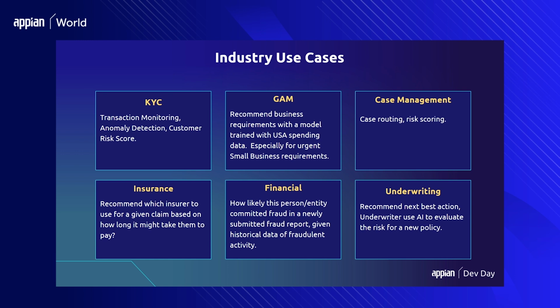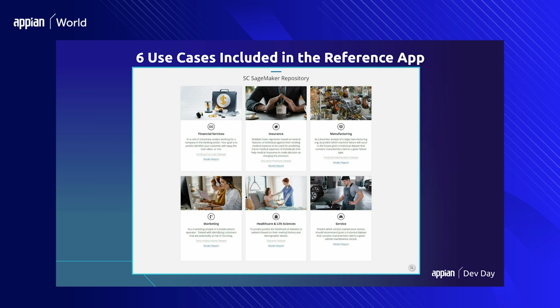Probably you're going to pick the one that gives you the shortest time to do the insurance underwriting. And for case management, case routing, risk scoring, we hear that a lot from our customers. How can we do the case routing using an AI model to predict rather than having a human decide? So here is the dashboard snapshot for those 6 use cases included in the reference app.